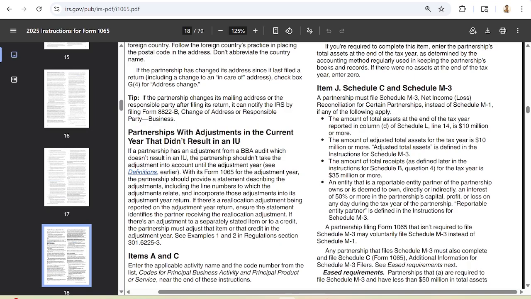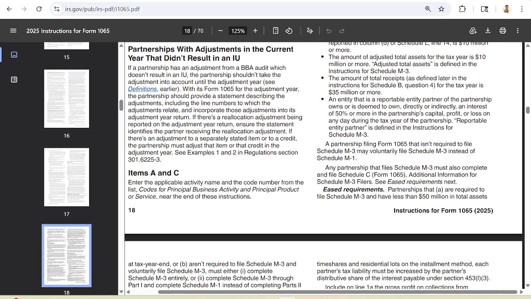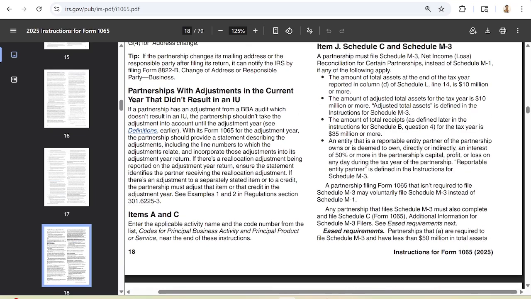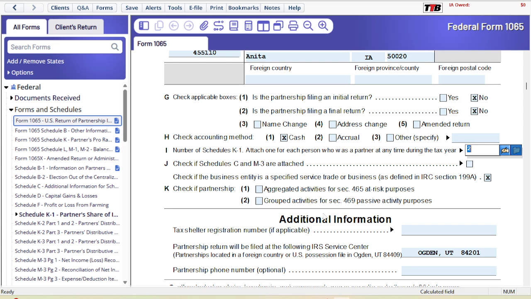I'm now seeing Schedule C here, and what that Schedule C is about: any partnership that files Schedule M-3 might also complete and file Schedule C, Form 1065. So if your total assets for the business are not 10 million, you don't need Schedule M-3. So therefore, we are now going to check this box.